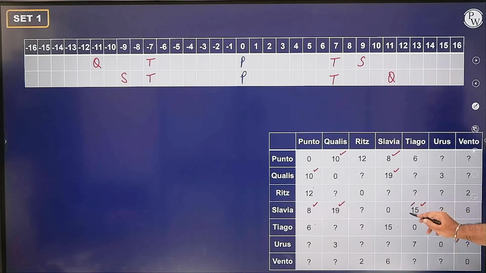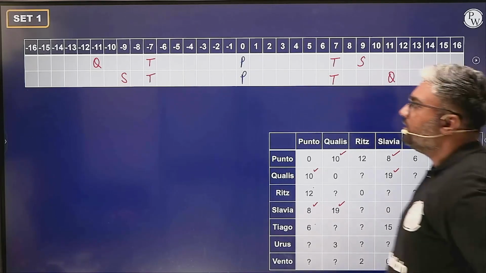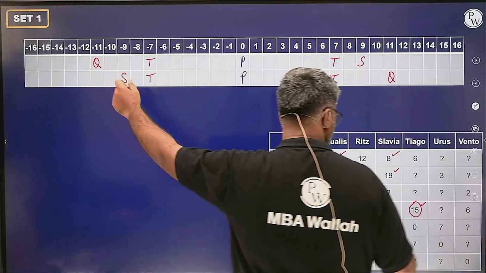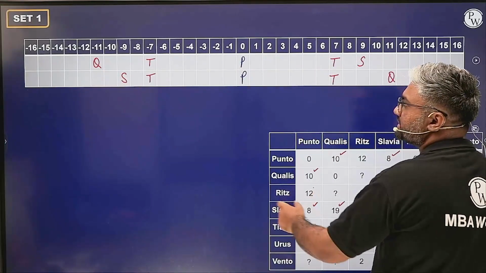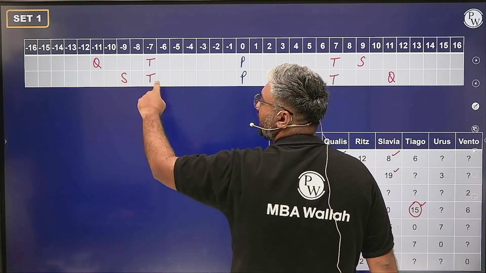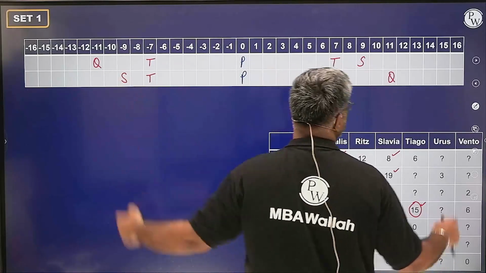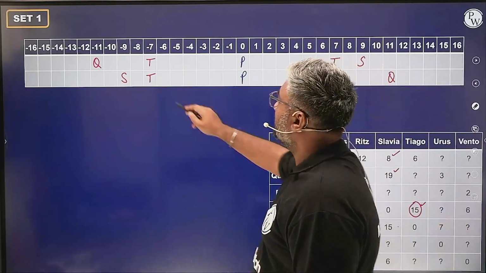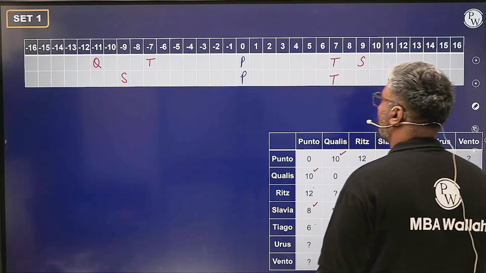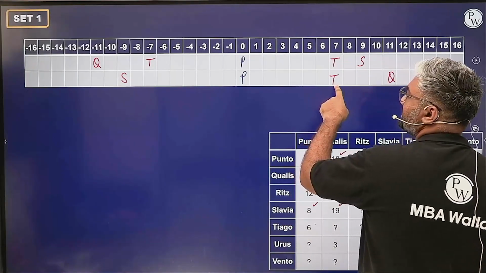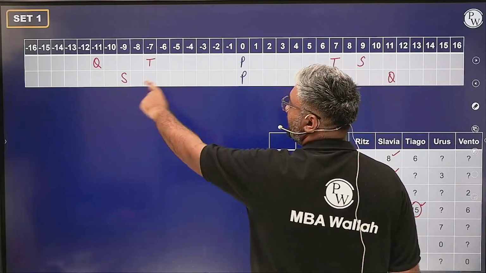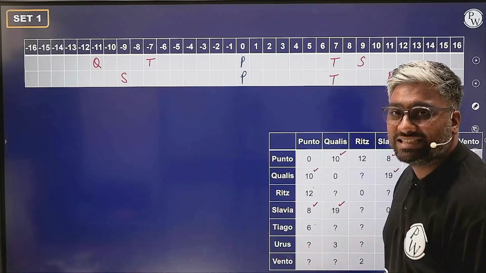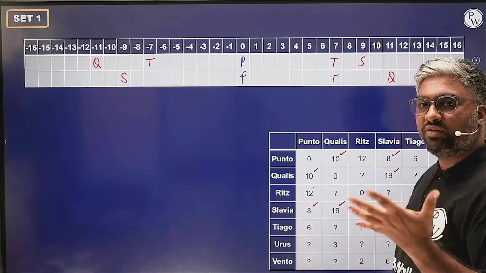So let's have a look at where this 15 car gap comes. If Tiago and Slavia are on the same side, again there's only a 1 car gap. So this cannot happen. That means Tiago has to be again on the opposite side of Slavia. So if Tiago is here at 7, and this is at -9, 7 minus -9 is 16. You remove 1, you have a 15 car gap.